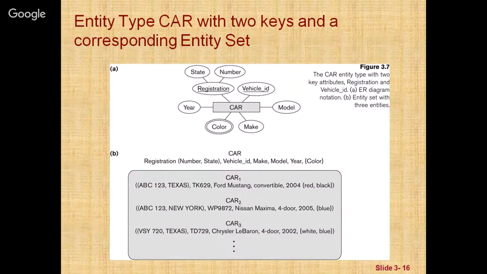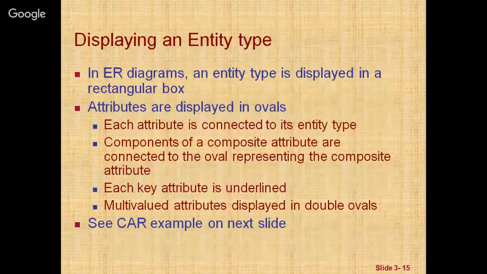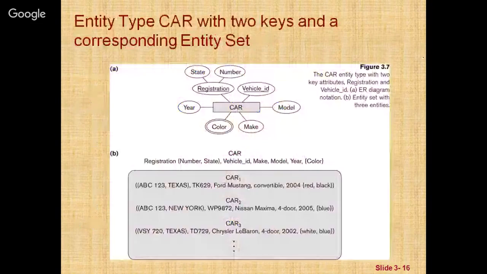So these are all attributes of the car. They are all enclosed in ovals and are attached to their entity type by straight lines. You can see state, number, vehicle ID, year, class, make, registration, model.